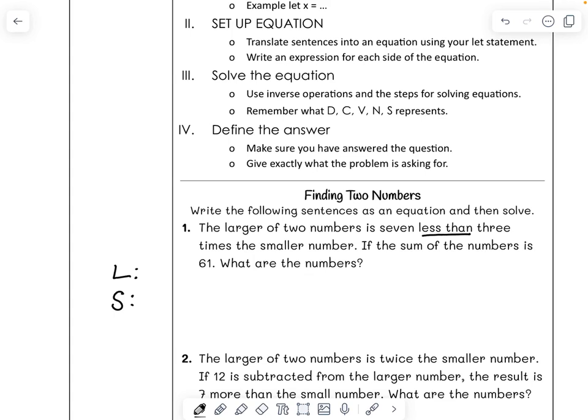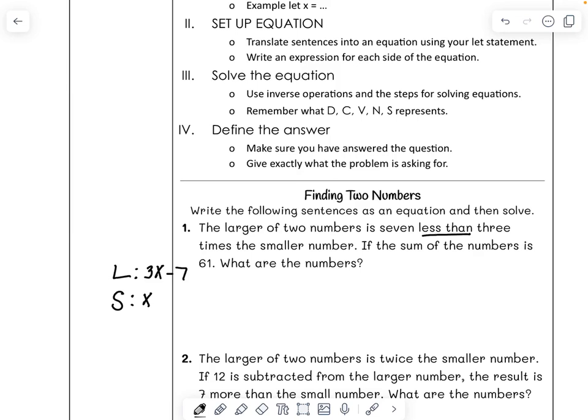Okay. Well, if x is the smaller number, then my larger number would be 3 times the smaller number, 7 less than 3 times the smaller number. So 3 times x minus 7.